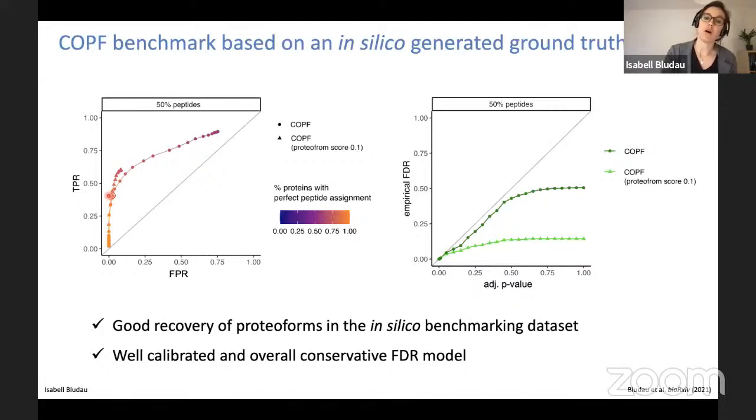But what is even more important is that we actually have a working scoring model with well-calibrated and overall conservative FDR models, where you can see the adjusted p-value that COPF estimates against the empirical FDR. You see that we are generally following the diagonal and are slightly on the conservative side, just to show you that the overall method should be sound.